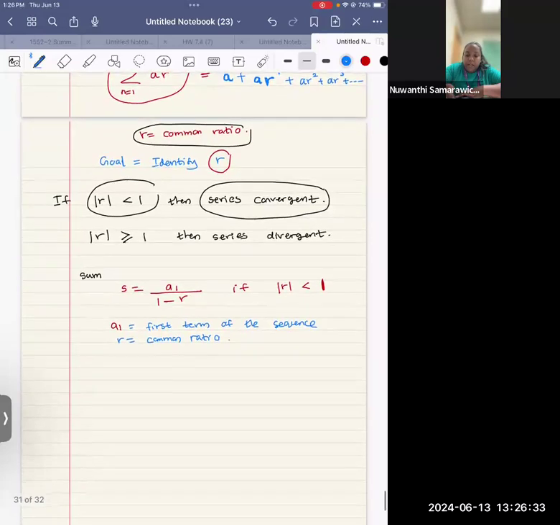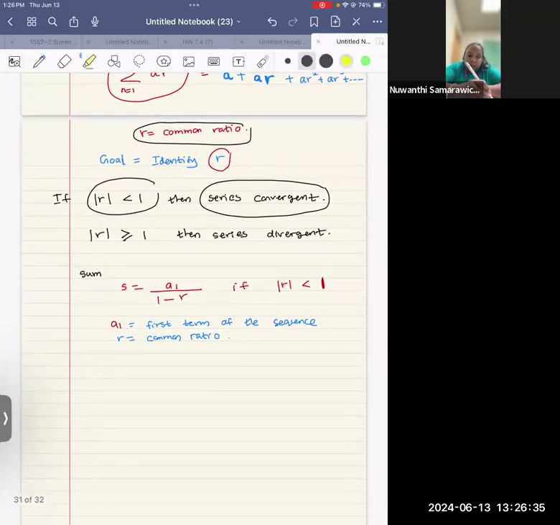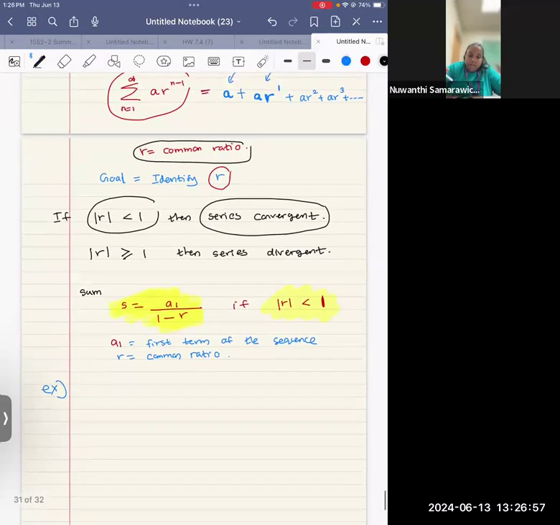So if we identify the common ratio is less than 1, we can straight away use this formula to find the sum of the series, because series means the sum. So let's do an example, then you will understand. But this is the idea.